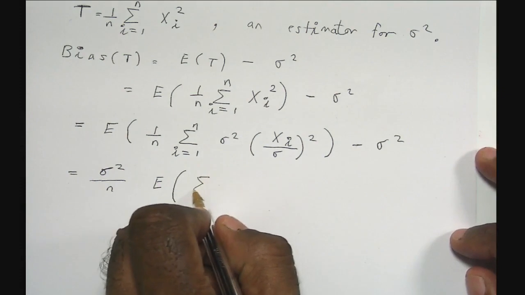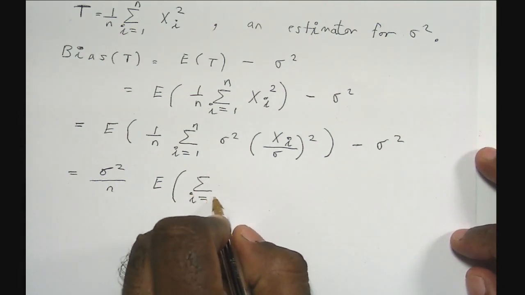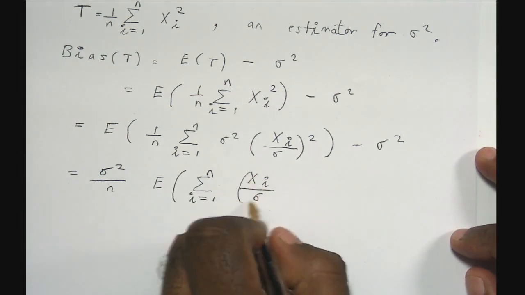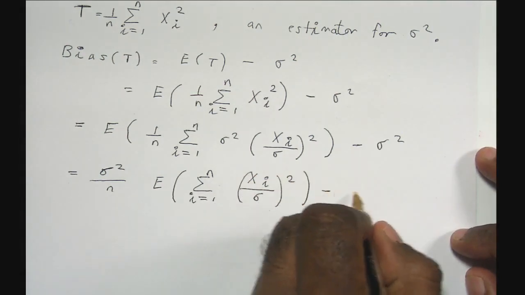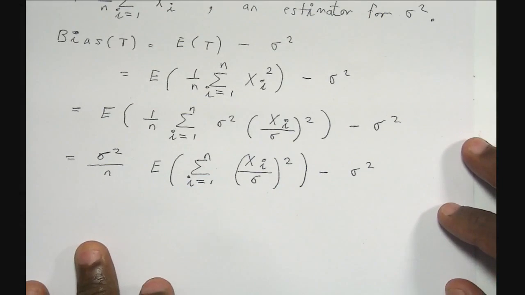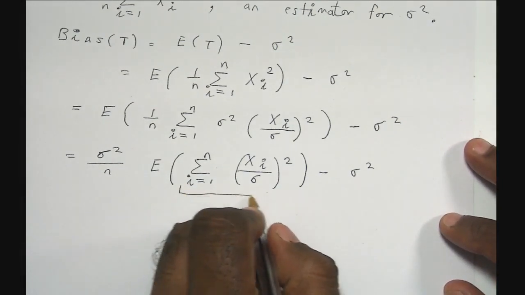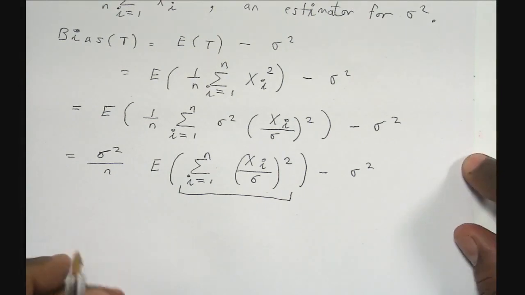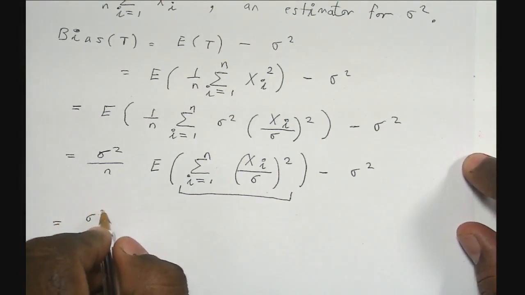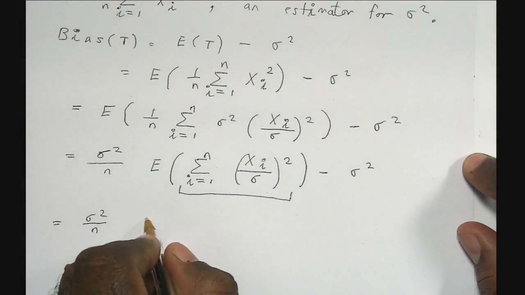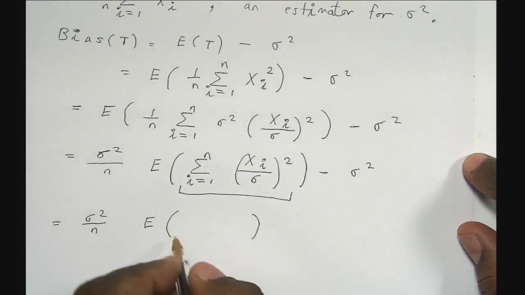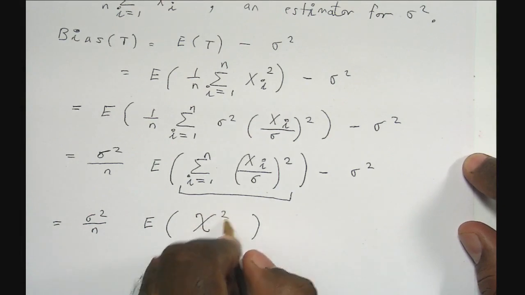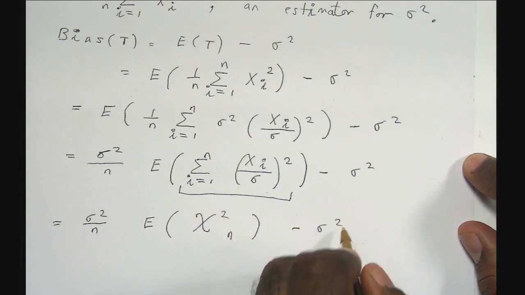If you look at this term here, what you have is a chi-squared variable.